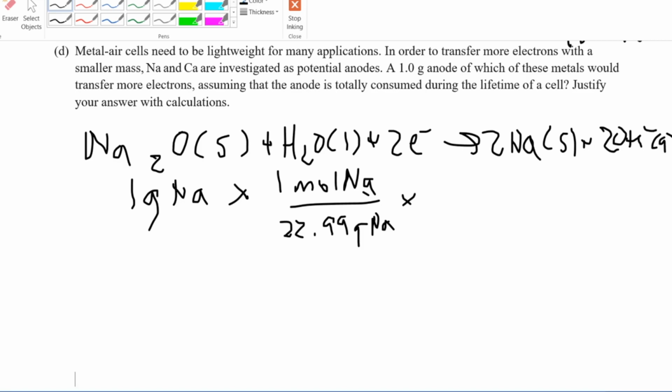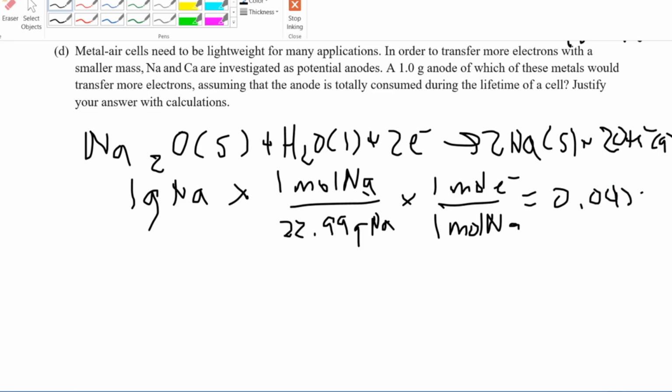Based on the equation, for every 2 moles of sodium there are 2 moles of electrons, so that would be 1 mole of sodium for 1 mole of electrons. In the end, that should equal 0.0433 moles of electrons. Okay, cool.